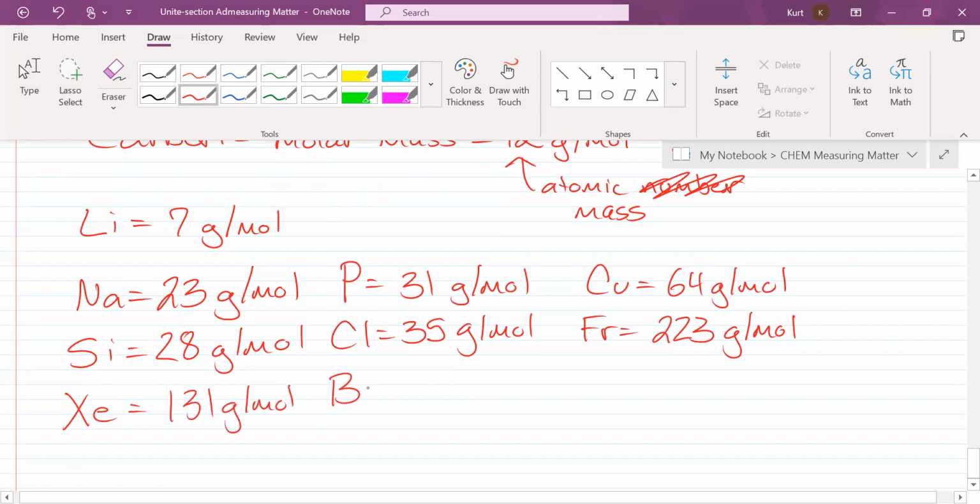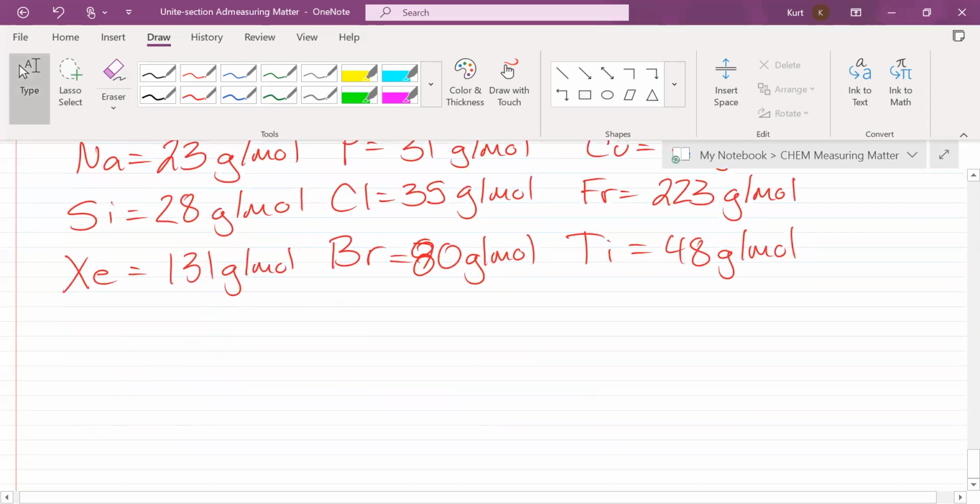Let's go to the next student. Kayla, bromine, Br. How many grams per mole? 80 grams per mole. And last one, Francis, let's try titanium, element number 22, fourth column. Ti. 48 grams per mole. So when you guys are looking for the molar mass of any given element, you need to look at the atomic mass, okay?